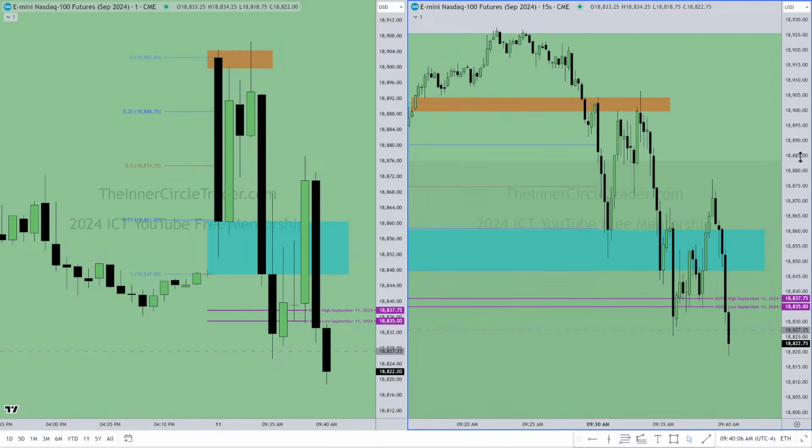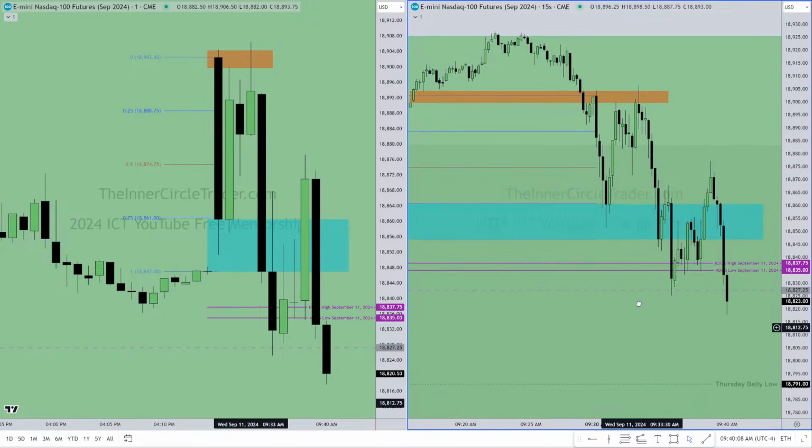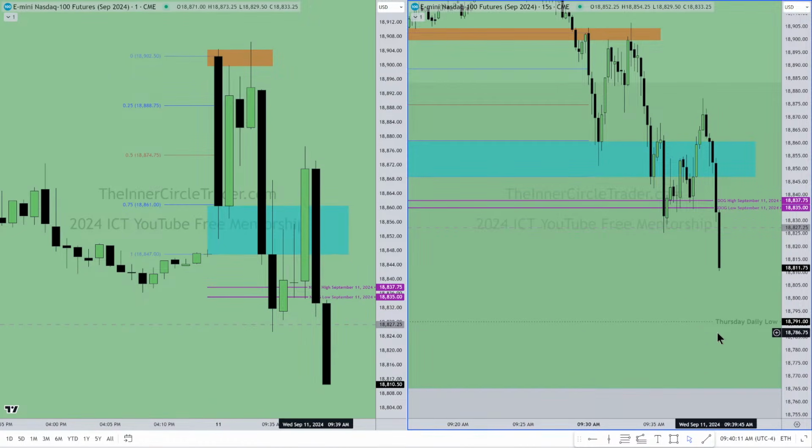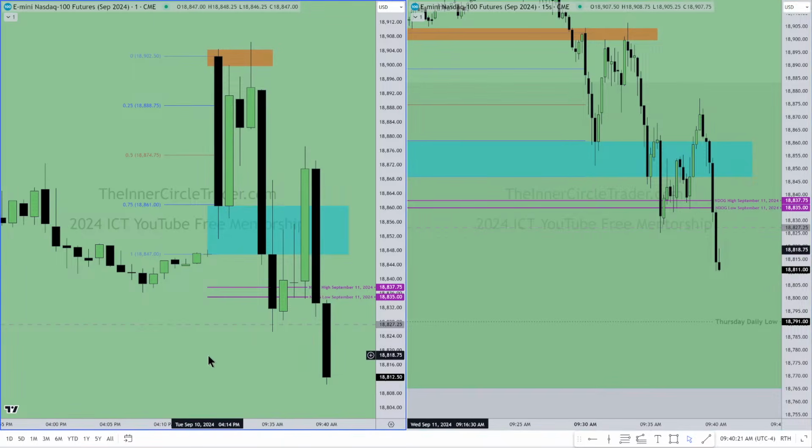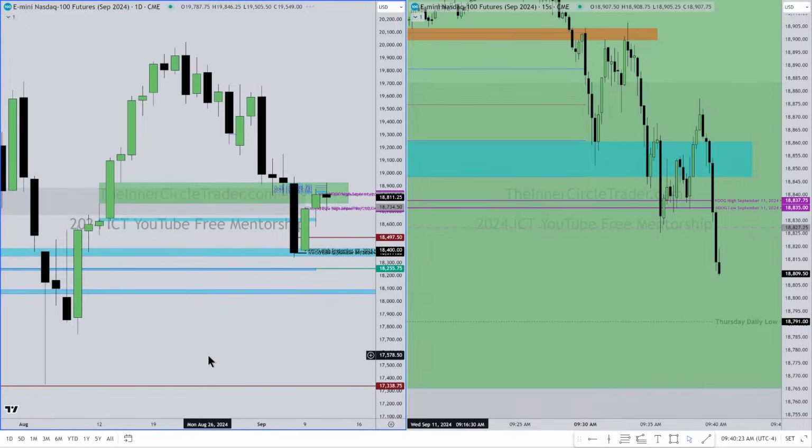See how price just delivered there. Next key levels, Thursday, last week's daily low. Watch this line in here. Okay, that's that old. Let me take you out to the daily. That is this.